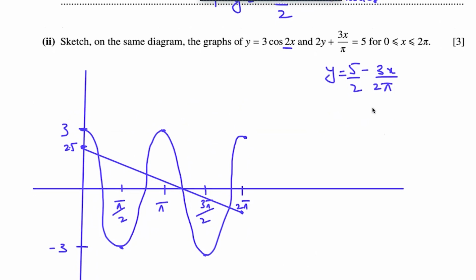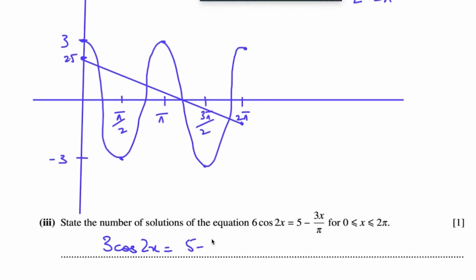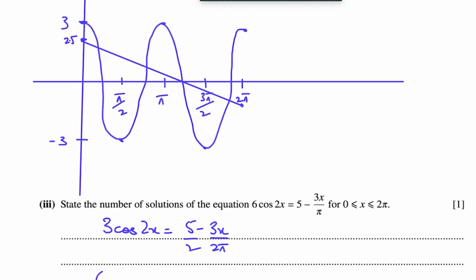Because this is 2y, the 2 will divide on the other side. So this will become 5 minus 3x upon 2 pi, 5/2 minus 3x/2 pi. Taking 2 on the other side, we'll get 6 cos 2x = 5 minus 3x upon pi.